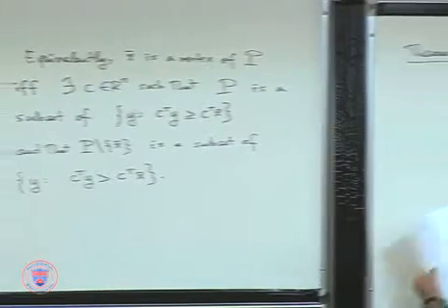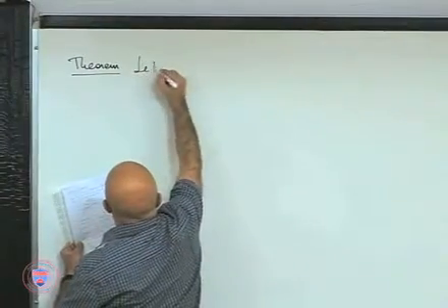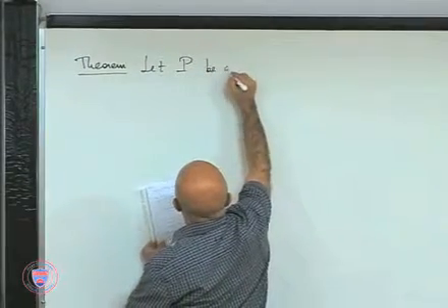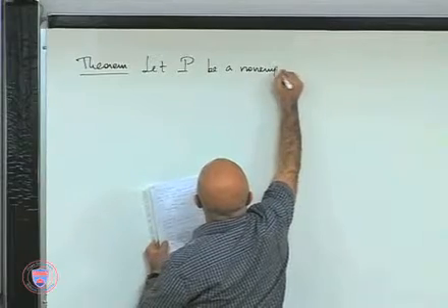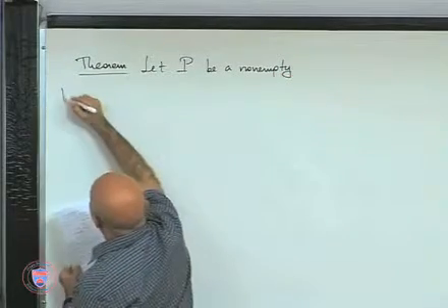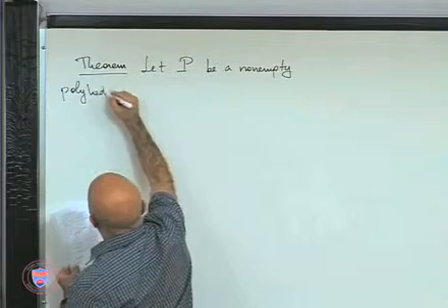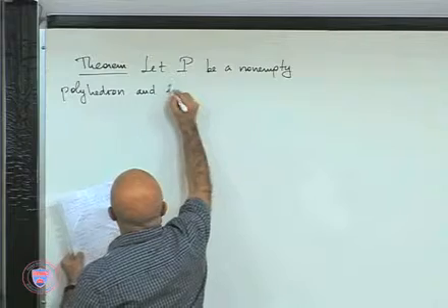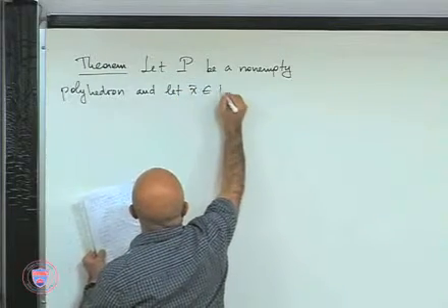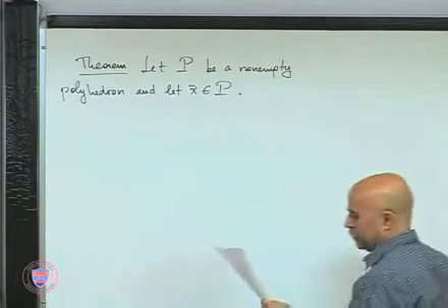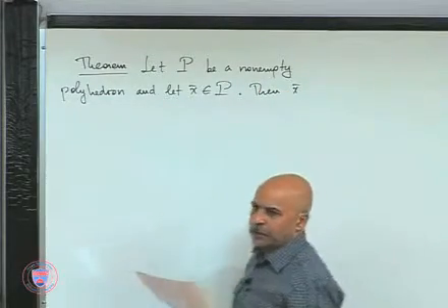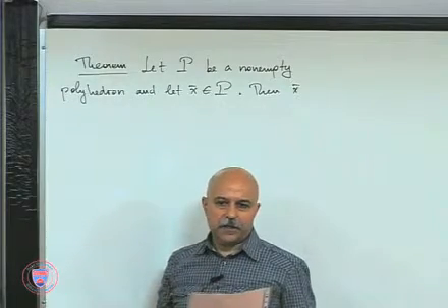This is a side result. Let me just give it to you. Let P be a non-empty polyhedron, and x bar be a point of P. Then the point x bar is an extreme point if and only if it's a vertex.